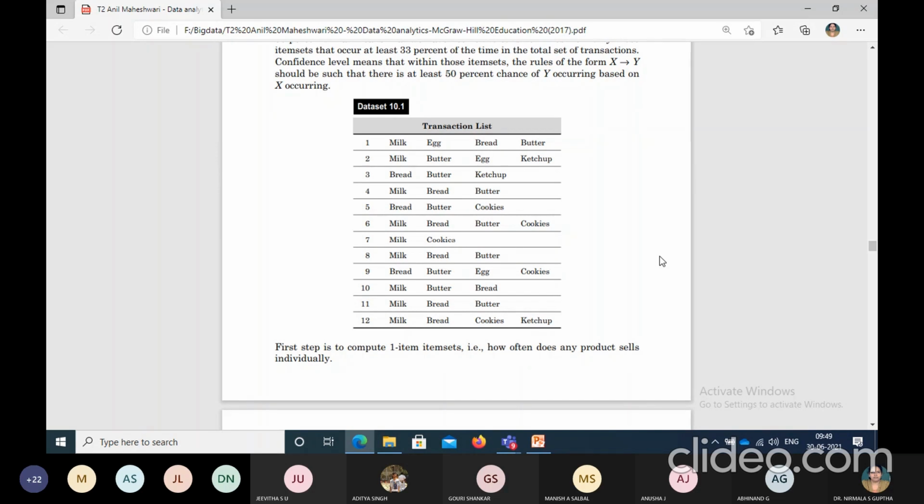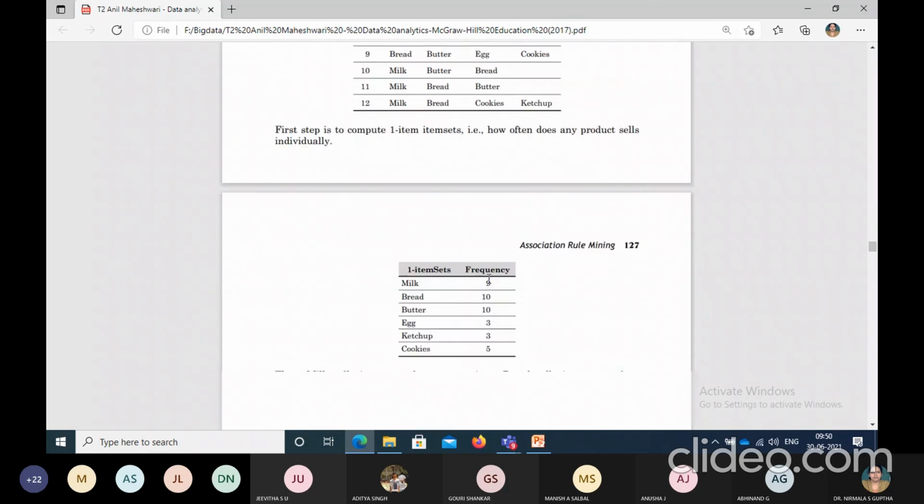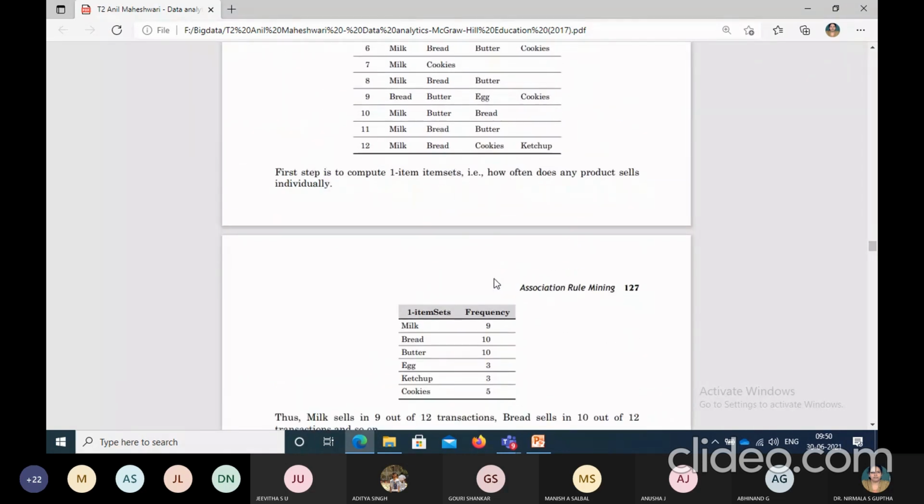Milk sells 9 out of 12 transactions, bread 10 out of 12, eggs 3 out of 12, ketchup 3 out of 12, cookies 5 out of 12, butter 10 out of 12. Correct? So this is the way we compute the item set with respect to frequency.